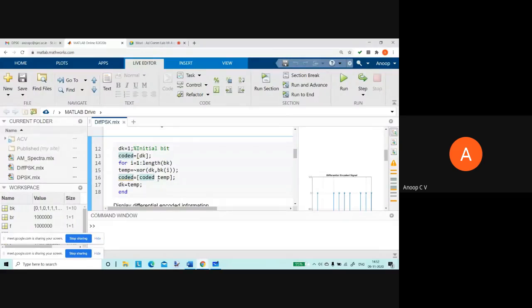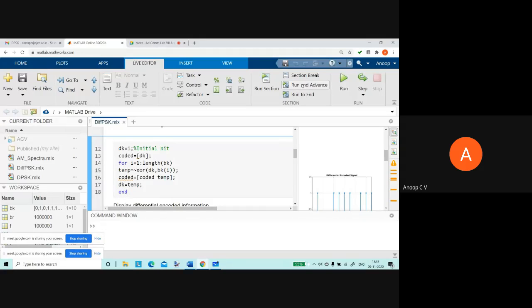That means to this coded, I'm adding a new column, which is temp. Then the previous bit becomes temp, so DK is equal to temp. So we have differentially encoded it.